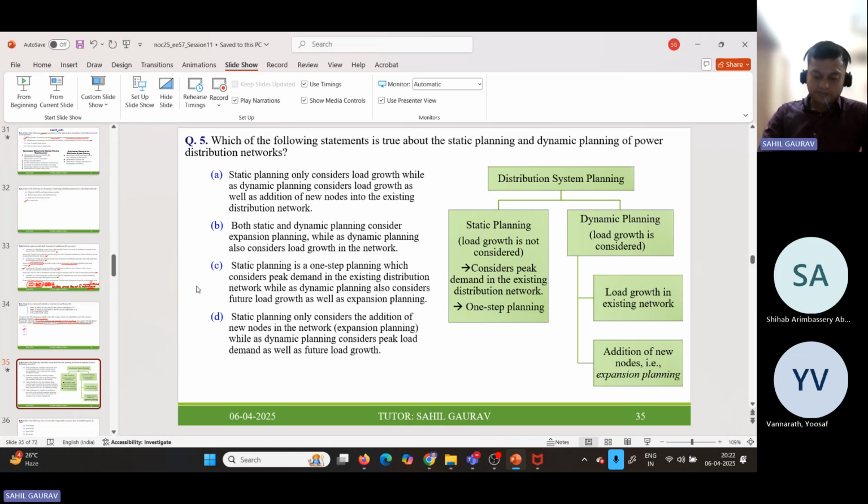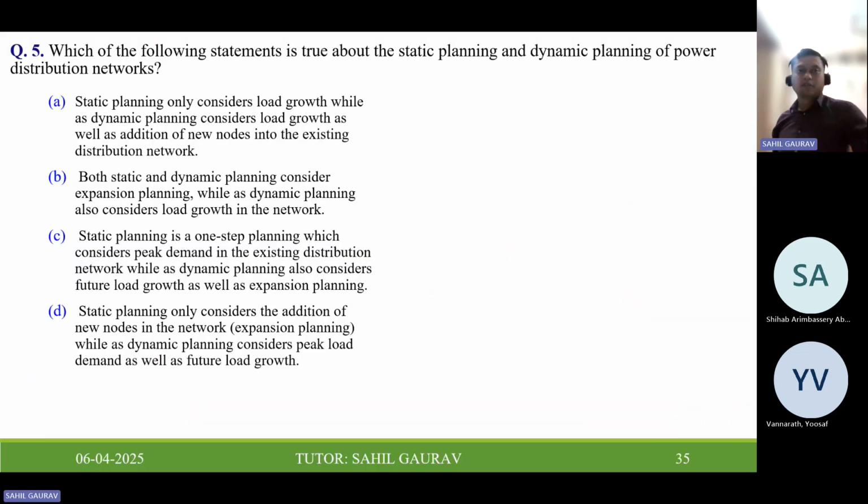Okay, let us see. Come to the fifth problem. Which of the following statements is true about the static planning and dynamic planning of power distribution network? Option A: static planning only considers load growth, while dynamic planning considers load growth as well as addition of new nodes into the existing distribution network. B: both static and dynamic planning consider expansion planning, while dynamic planning also considers load growth.